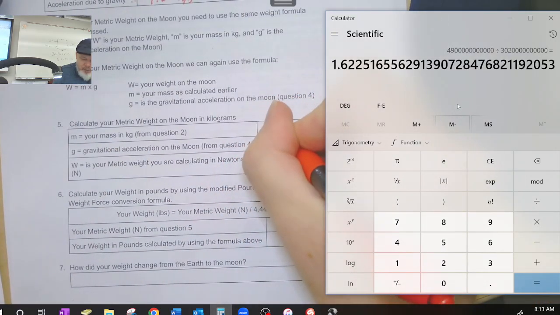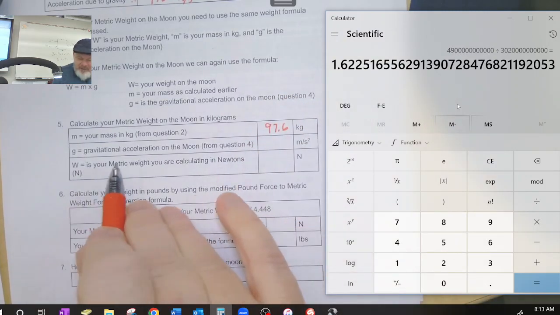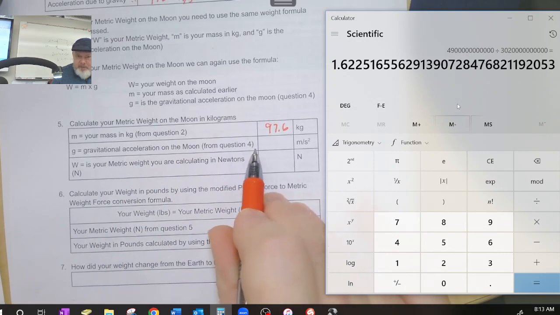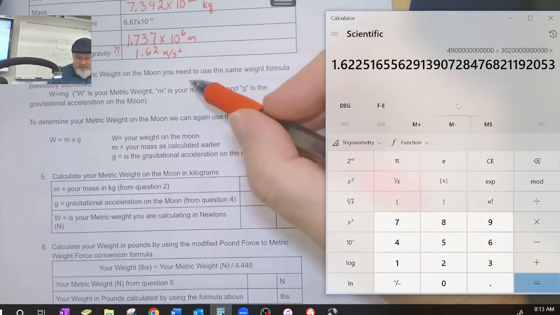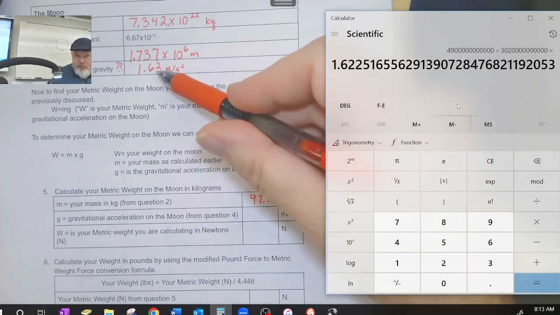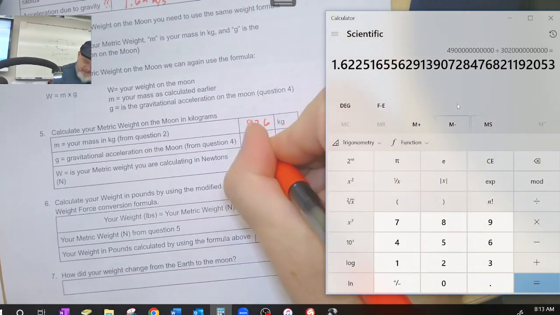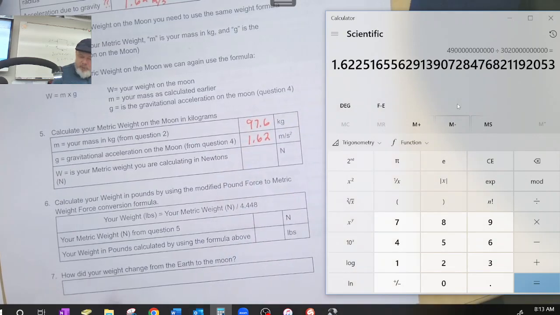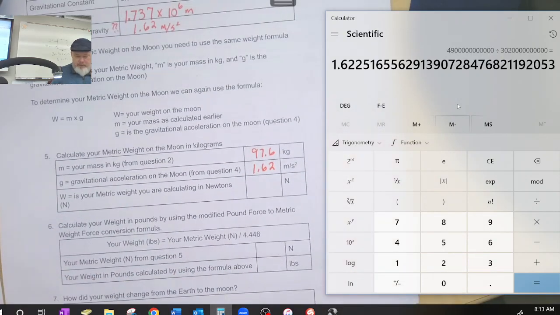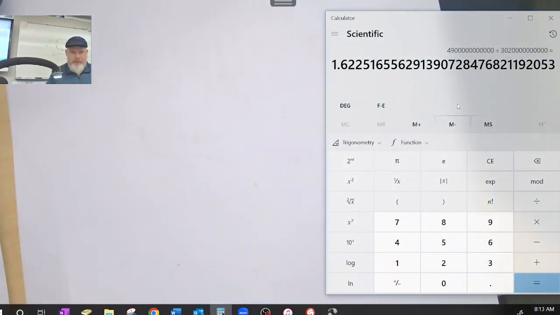So 97.6. Let me bring that number down. What is the gravitational acceleration on the moon? That is this number from the moon question, question number 4. That is 1.62 meters per second squared. So 1.62. So what's your weight? Well, we use this formula. Use a piece of paper.